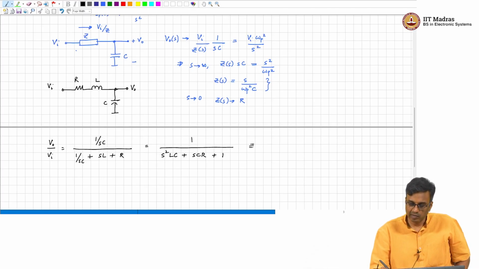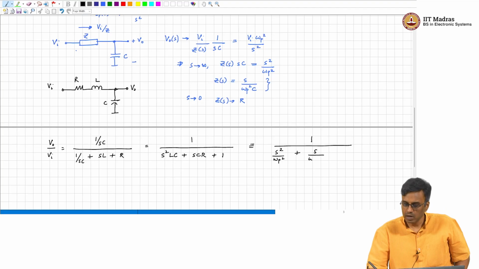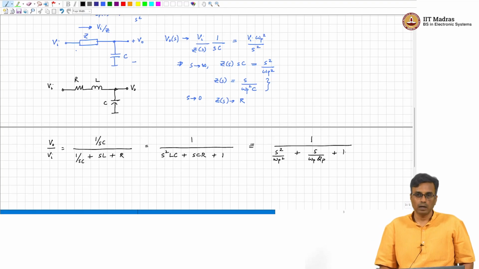And this we said is going to be of the form 1 over S square by omega p square plus S over omega p Q p plus 1.